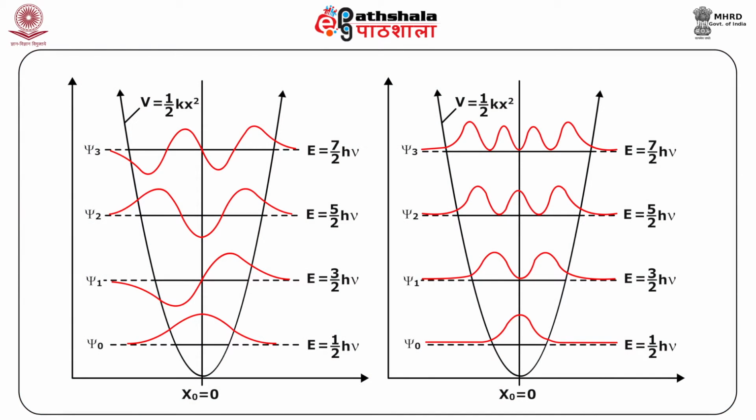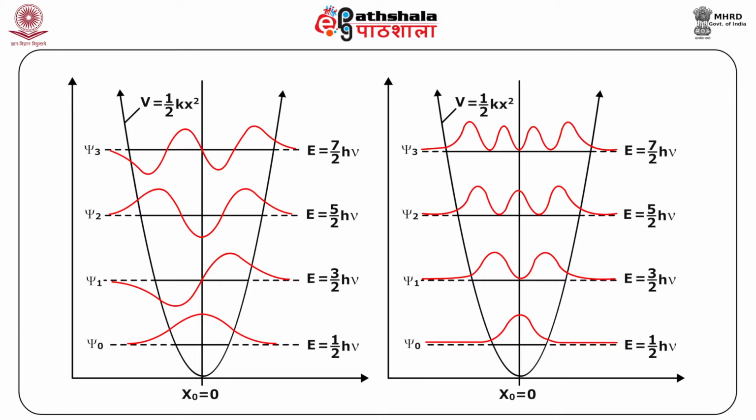We have also shown a diagram where you can see the plots of the harmonic oscillator normalized wave functions and the corresponding probability densities. Wave functions are shown on the left hand side, whereas the corresponding probability densities, which are the square of those wave functions, are shown on the right hand side.